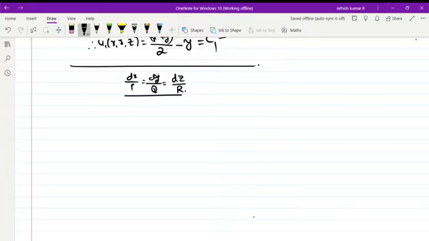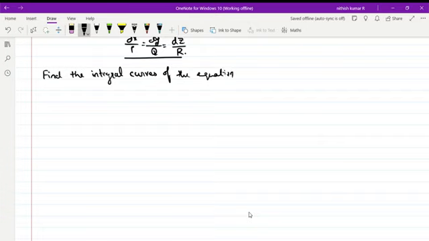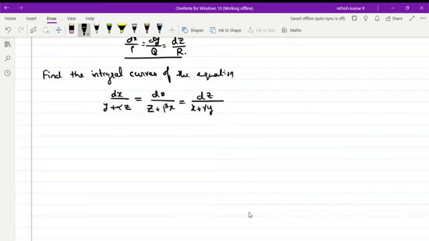This problem says: find the integral curves of the equation dx by y plus alpha z, which is equal to dy by z plus beta x, which is equal to dz divided by x plus gamma y, where alpha, beta, gamma are constants.